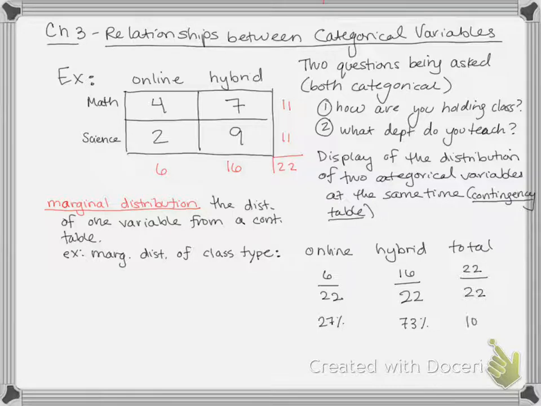These two numbers do total, in fact, to 100%. So we could say, in this particular example, that 27% of the faculty are teaching online classes and 73% of the faculty are teaching hybrid classes. If I had asked for the marginal distribution of the department that you teach in, it would be a lot less exciting because both of those are 11 over 22, and that's not as intriguing.